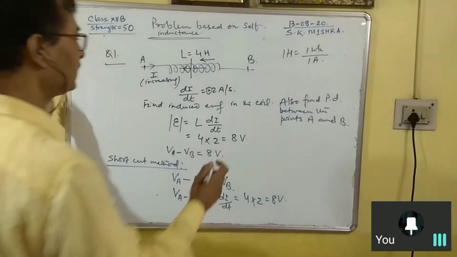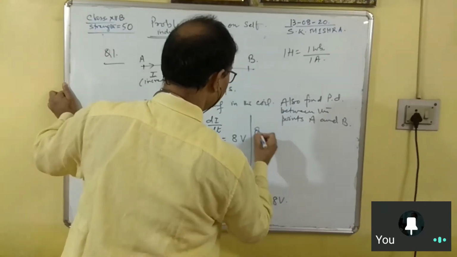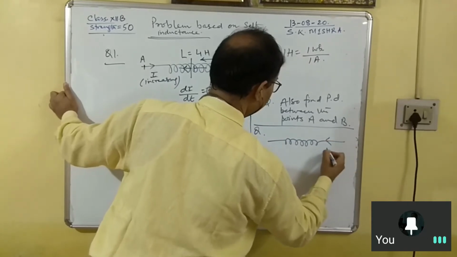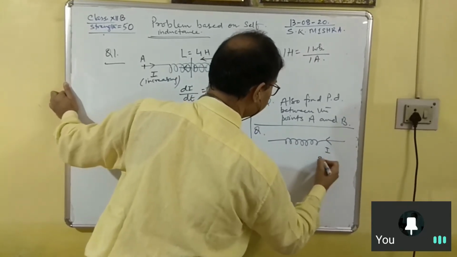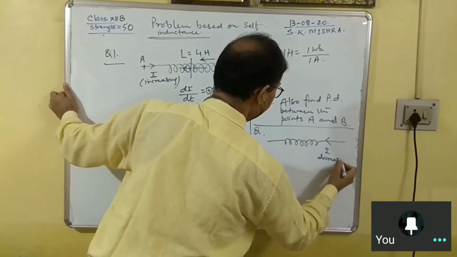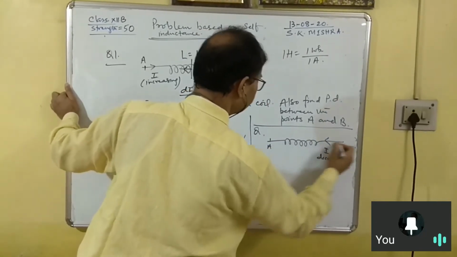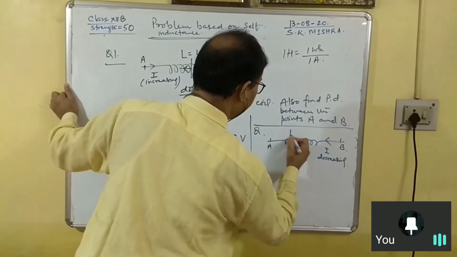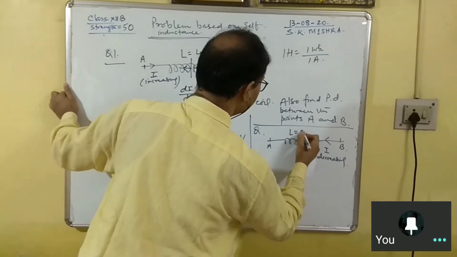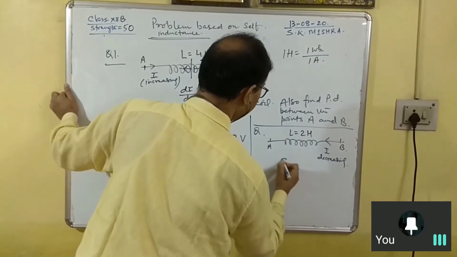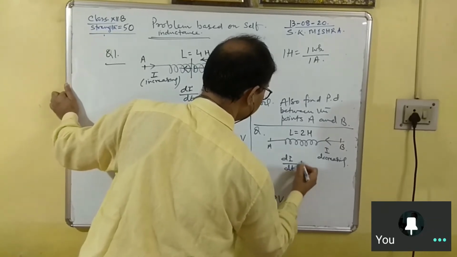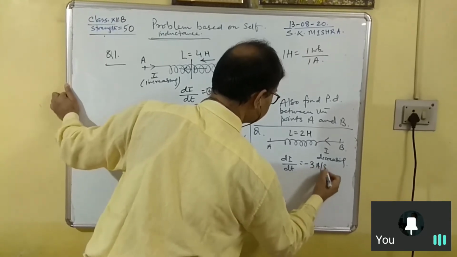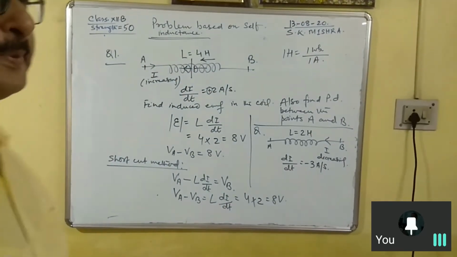Now I am giving you another question of the same type. Now you have a coil, and a decreasing current I is flowing. This is point A, this is point B. Now you have to find the induced EMF. Suppose this time L is 2 Henry and di by dt is minus 3 ampere per second.